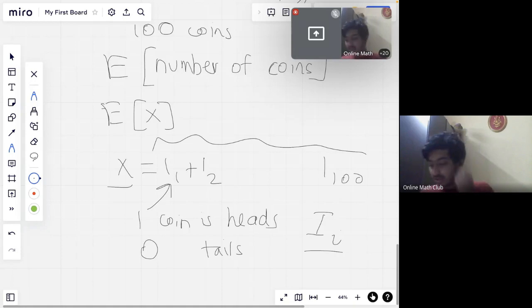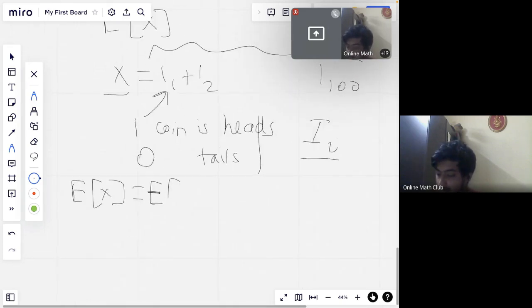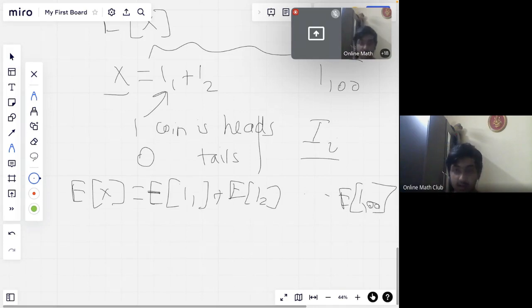This is a very natural definition, and we can write E of X as E of I1 plus E of I2 and so on till E of I100, because of linearity of expectation. Can anybody tell me what E of I1 is?